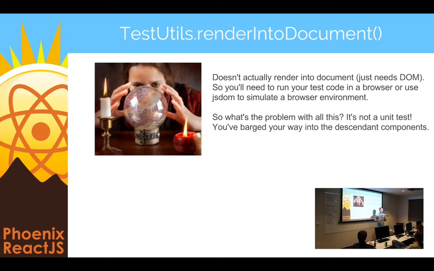Really, the test should only be testing the Dashboard. And if you start working your way down into the tree, you're into other components. You're violating the idea of a unit test. Now, you need to test eventually that all those things work together, but that's not what a unit test is, and that's not what we're working on right now. Okay? So, thanks.